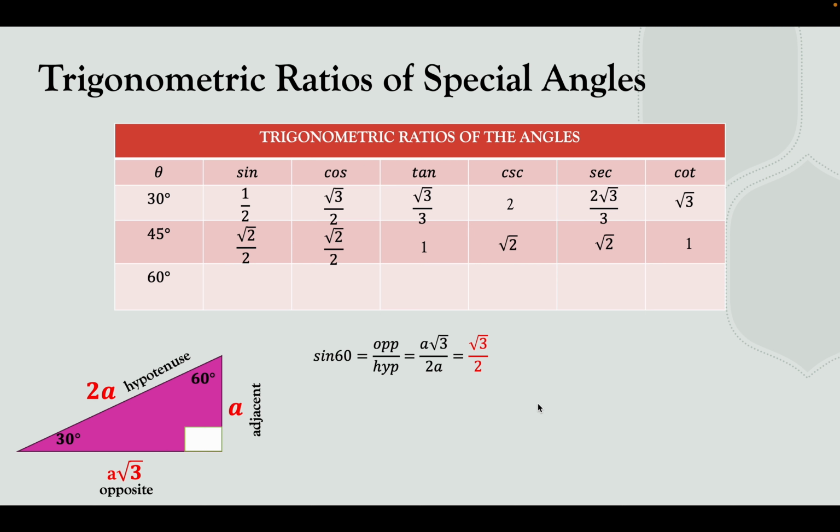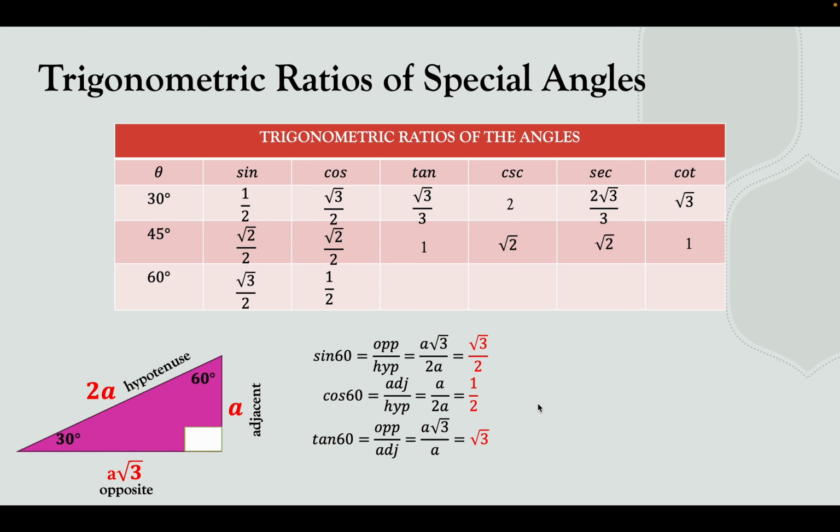So we have a square root of 3 over 2a. So you can simplify that one by eliminating a in both numerator and denominator. We have the remaining value square root of 3 over 2 as our sine 60. Cos 60, we have adjacent over hypotenuse. So a over 2a, we have 1/2.